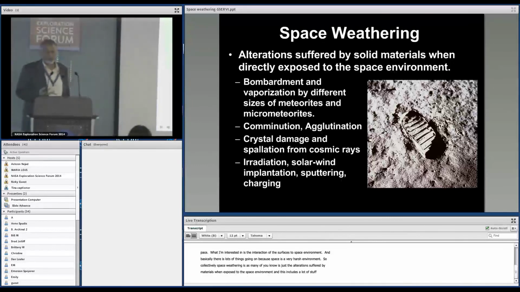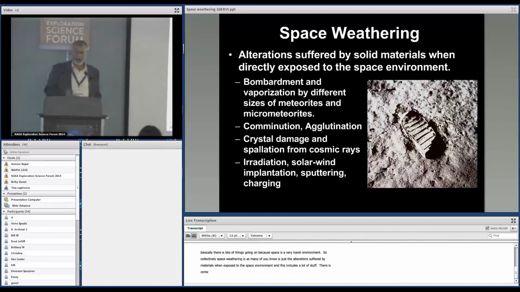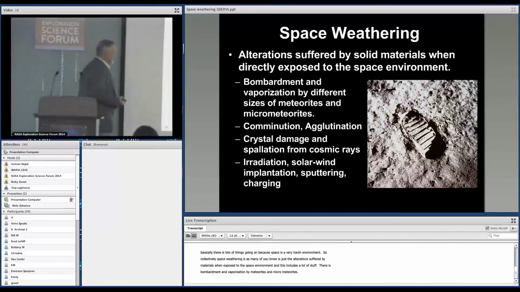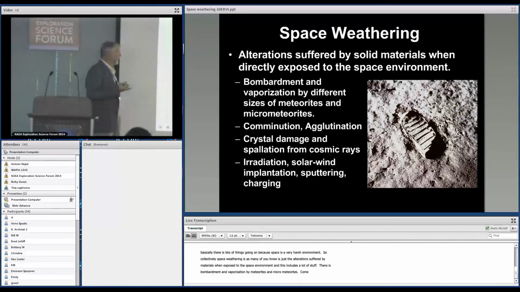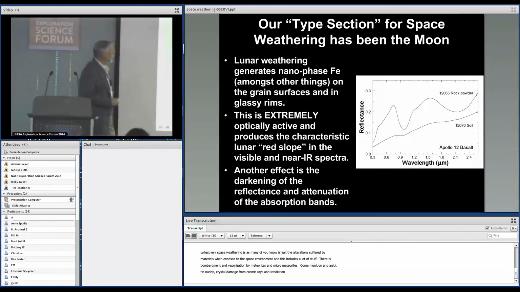There's bombardment and vaporization by meteorites and micrometeorites, comminution, agglutination. There's crystal damage from the cosmic rays, irradiation, solar wind implantation, sputtering, lots of things. And fundamentally, our type section is the lunar regolith.